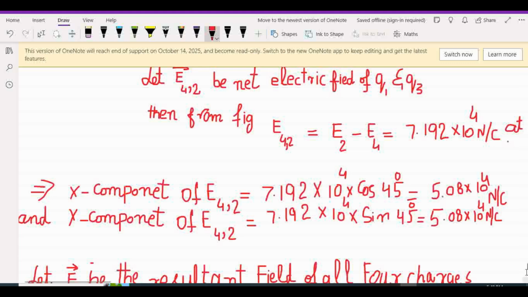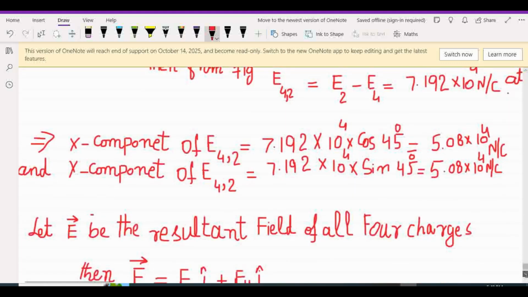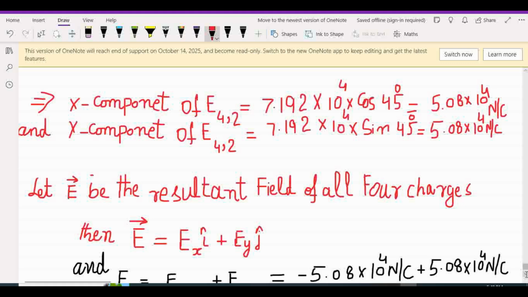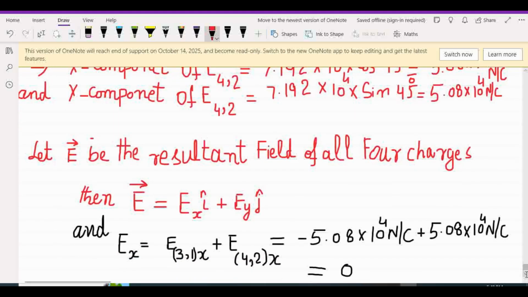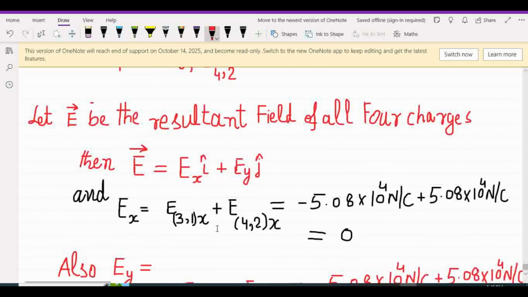Okay, the net electric field due to the four charges. Let's suppose that E is the resultant field of all the four charges. Then E can be written as Ex i plus Ey j. Now Ex, the x component of the resultant, is equal to the sum of the x components of the vectors to be added. So the E31 x component we have already calculated, and the E42 x component also we have calculated.